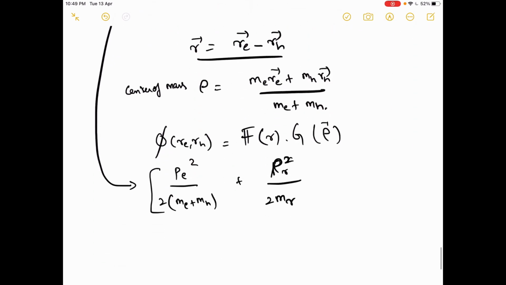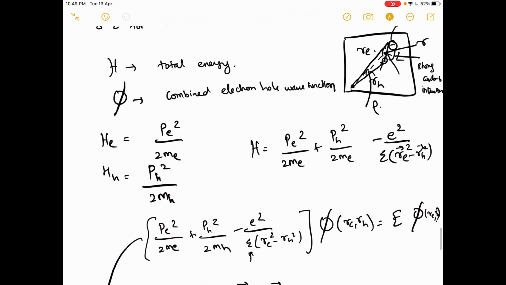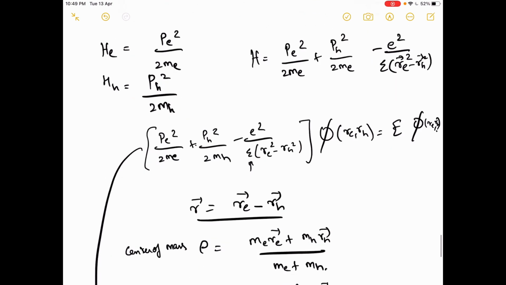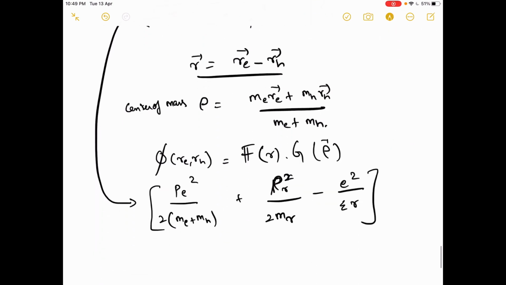We will define what this is, minus e square by epsilon r, right? r is now the distance between these two, multiplied by f into g is some, let's say, gamma times f into g. Right?